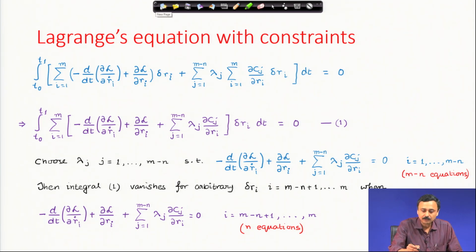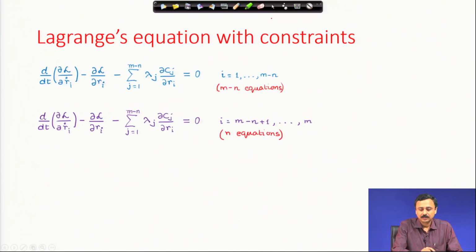Therefore, finally, what we have is the m minus n equations, which were vanished by the choice of m minus n lambdas, and the rest of the n equations were vanished because the variations were arbitrary.